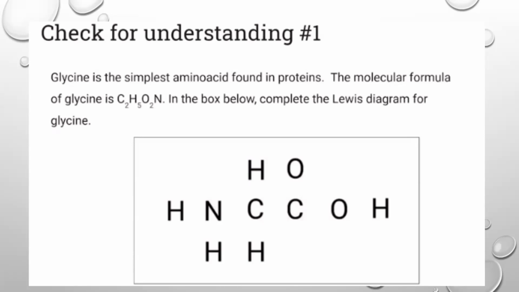So that gives you 30 valence electrons total, right? Every dash is a pair.